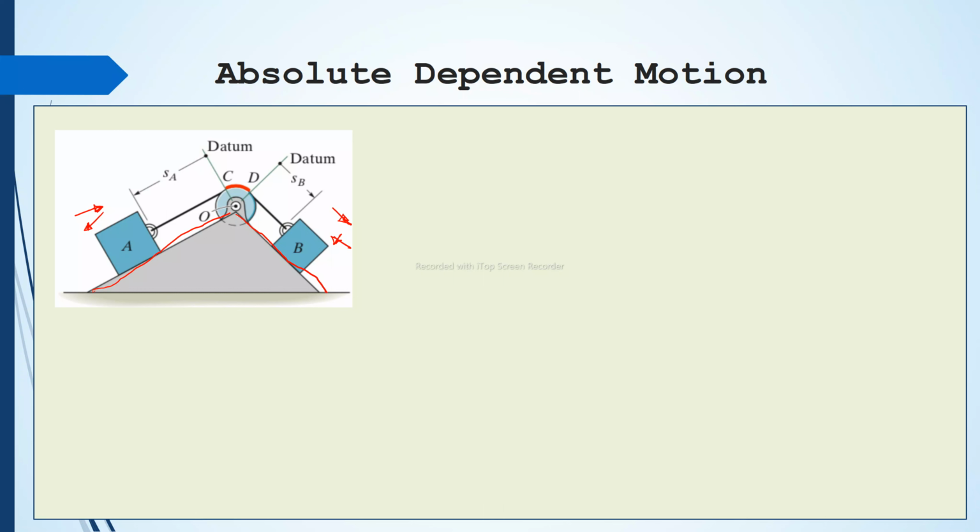Now, we call this the relative motion. It means that if B moves down, obviously A will move up. So relative to B moving downwards, A will move up the inclined plane.